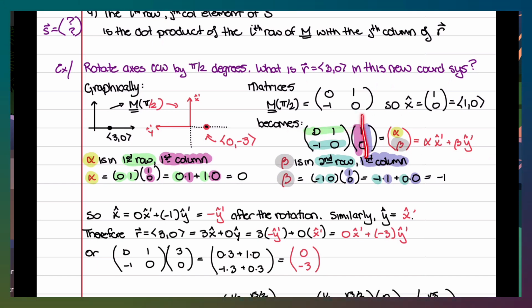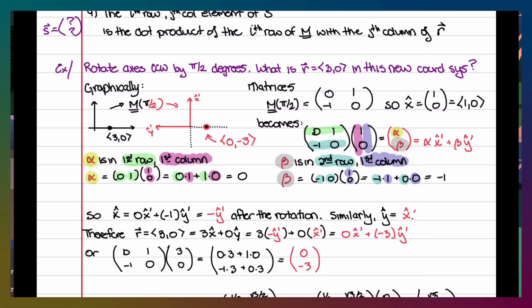First row, first column gives me the first row, first column element. So I do 0, 1 and 1, 0, take the dot product. So 0 times 1, then I add to it 1 times 0. Again, it's just a dot product, and that's just a 0.